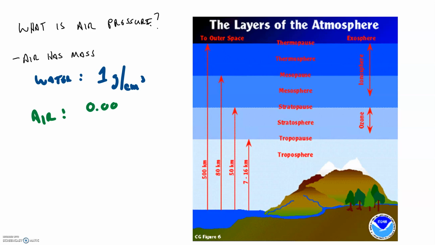It's 0.0013 grams per cubic centimeter. However, if you stack that air pretty high, I mean, we're talking, look what this says, 500 kilometers. It's about 300 miles of air above your head. If you were standing here, that's a lot of weight.